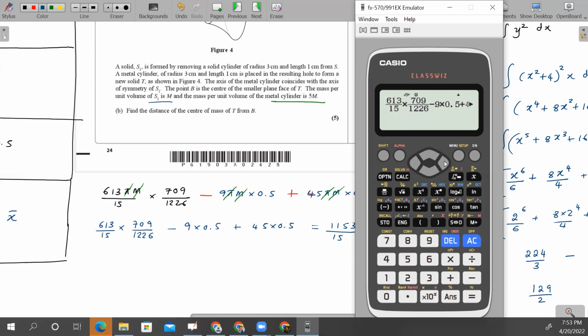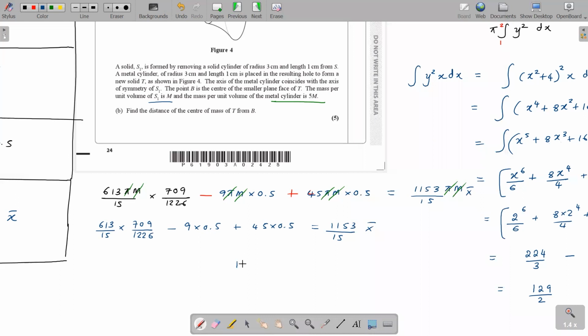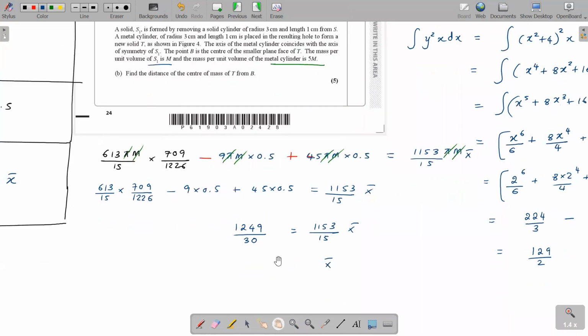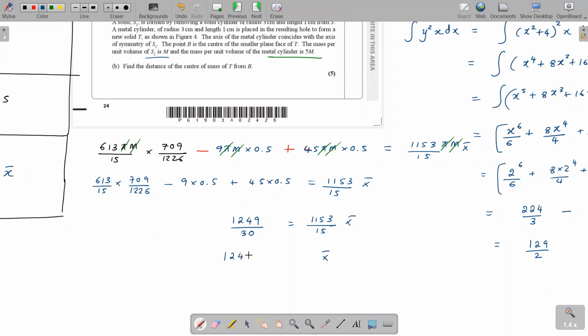If you double check your answer, okay. This gives me 1249 over 30, over 15 x bar. So when you make x bar the subject, the new x bar is 1249 times 15, over 30 times 1153.